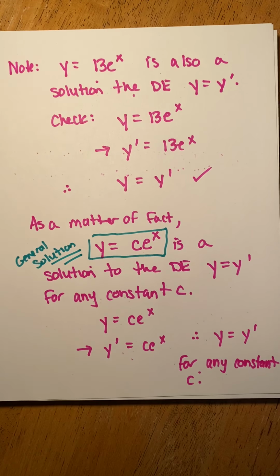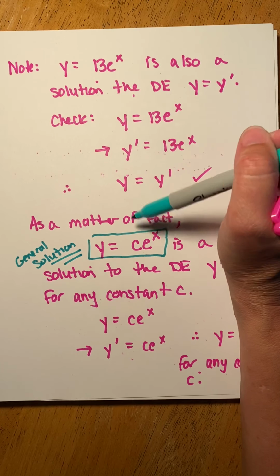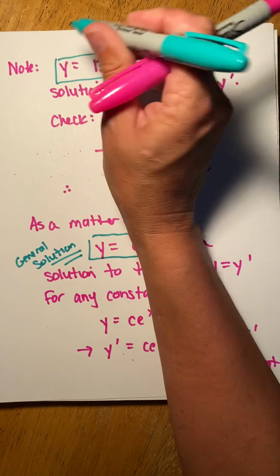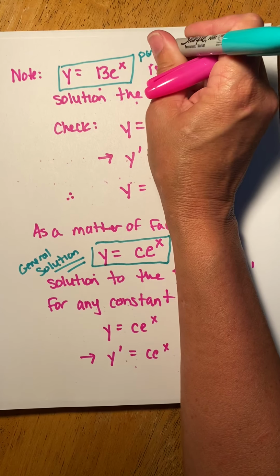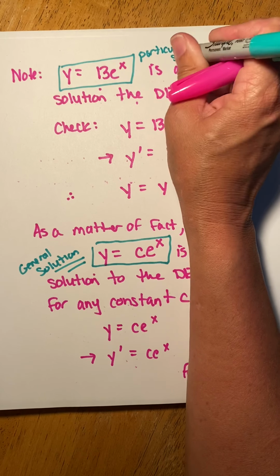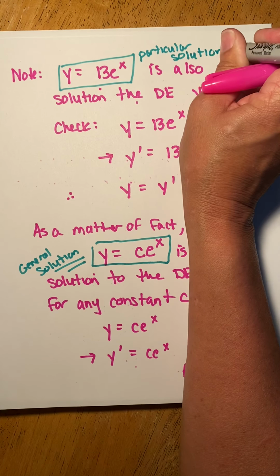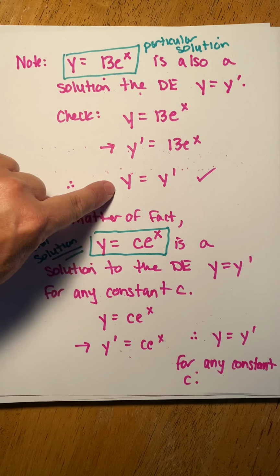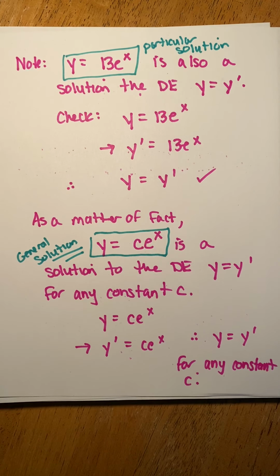When we apply a value to a constant, then this is called a particular solution. And usually when we're given a differential equation, in order to attain the particular solution, we have to be given a little more information. And we'll get to that in a minute.